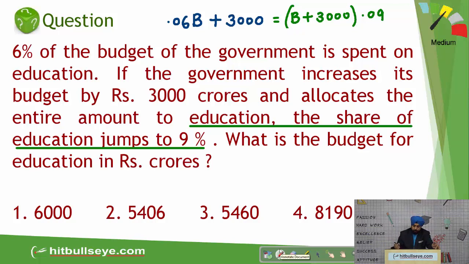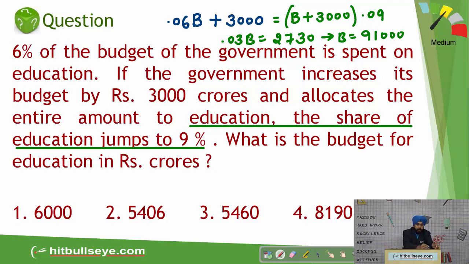Now if you solve it, it becomes 0.09B minus 0.06B, that is 0.03B, is equal to 270 taken from 3,000, which is 2,730, or the value of B happens to be 91,000.